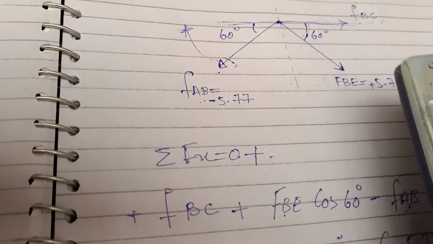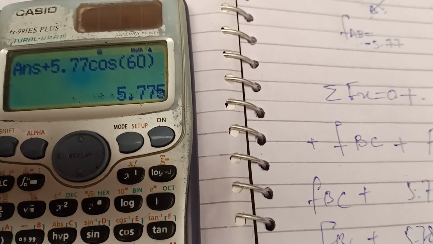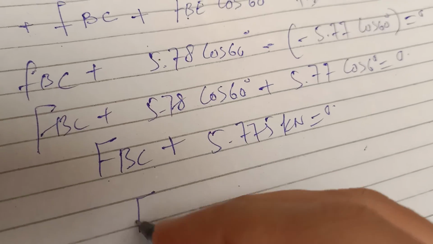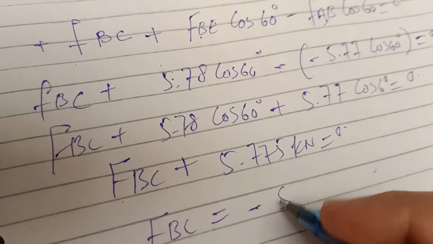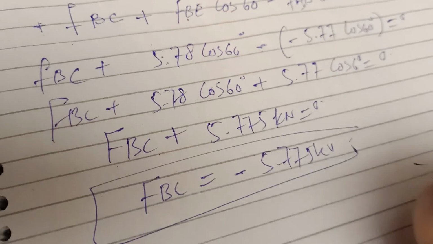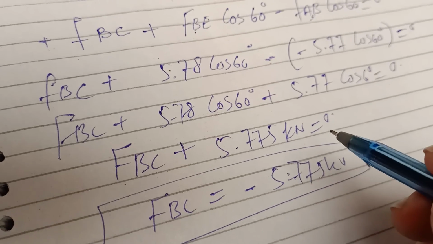Now see that FBC plus 5.775 kilonewton equals 0. So FBC should be equal to minus 5.77 kilonewton. It means that your direction is opposite to what you assumed. So this is your FBC.